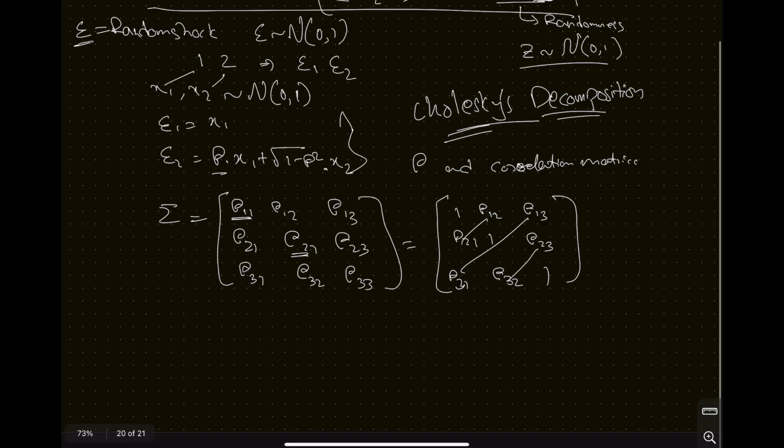And how are we getting this rho? We get it from the covariance between the rate of returns of stock 1 and stock 2. From their covariance we get rho, that is correlation.